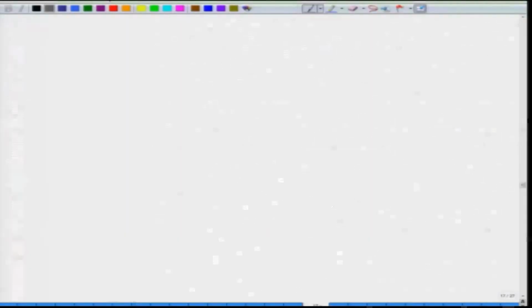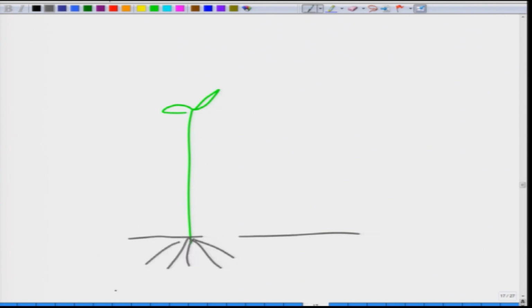In other situations, you can have a plant that is growing in the soil, and you have the roots here. Now, when you have a frost like situation, the water that is there in the soil is also freezing.